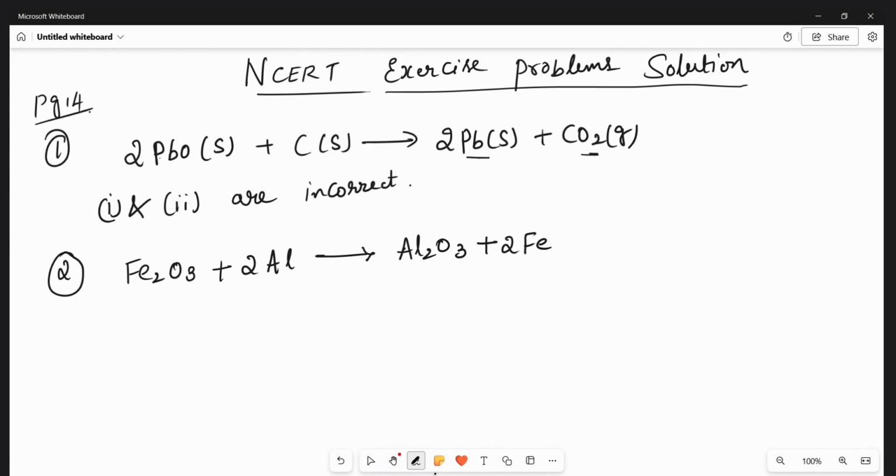Displacement reaction. Correct. Because aluminium is displacing iron here, so it is a displacement reaction.